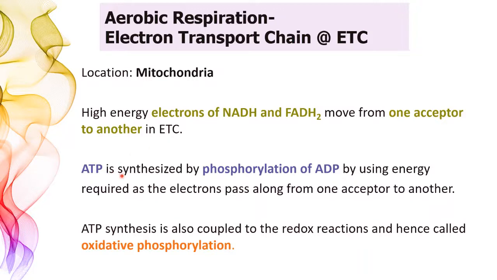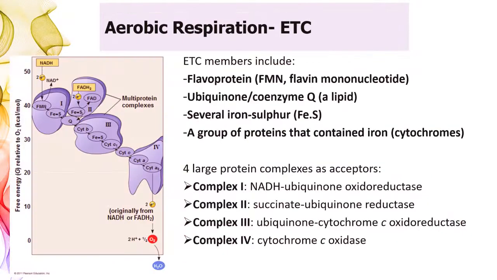ATP from oxidative phosphorylation here is produced by using energy released as the electron is passed along from one acceptor to another acceptor. This is the reason why the ATP produced here is called oxidative phosphorylation. The electron transport chain is directly attached to the inner membrane of mitochondria.